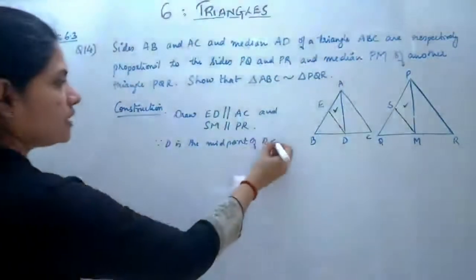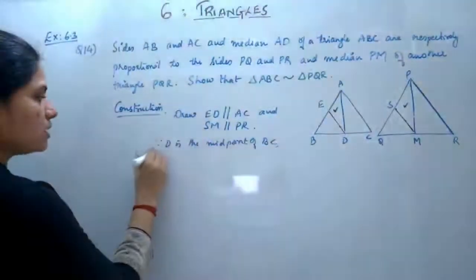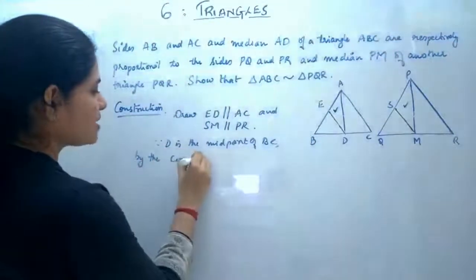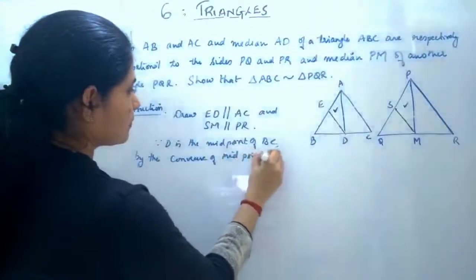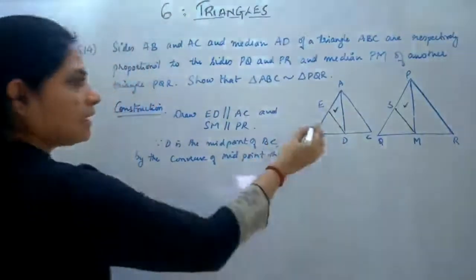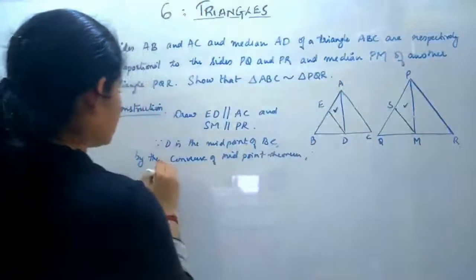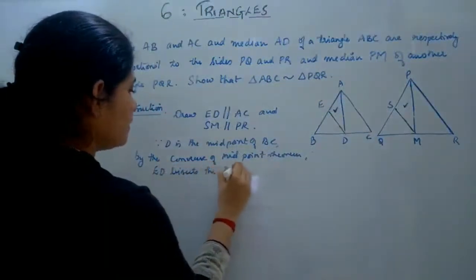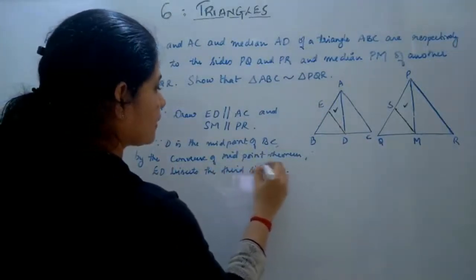Together with this, by the converse of the midpoint theorem, E is the midpoint of AB, or this line ED bisects the third side AB.